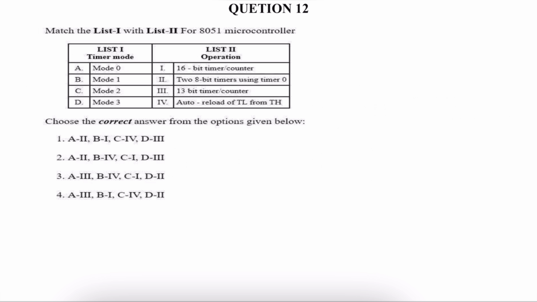Next question. 8051 microcontroller, regarding the modes of operation. Mode 0 operation is an 8-bit timer with 5-bit prescaler.